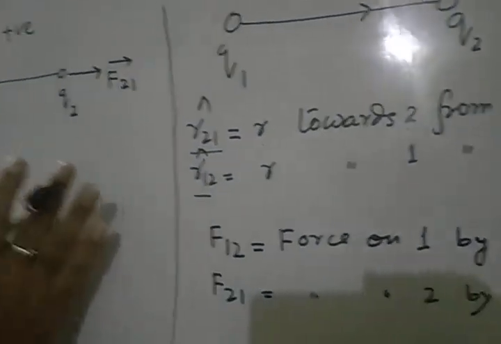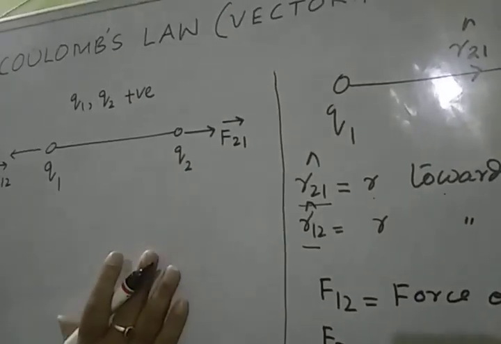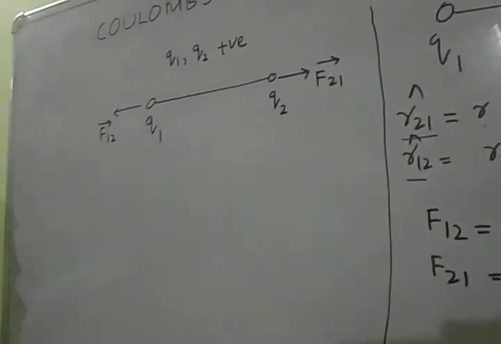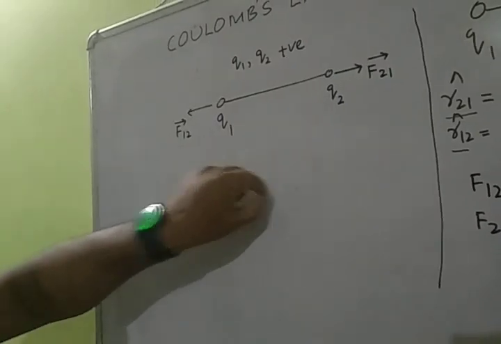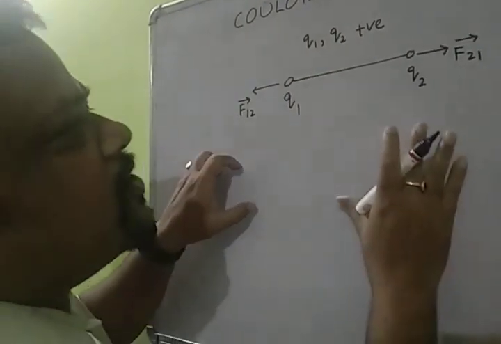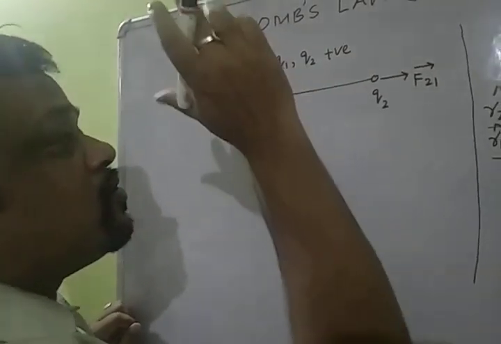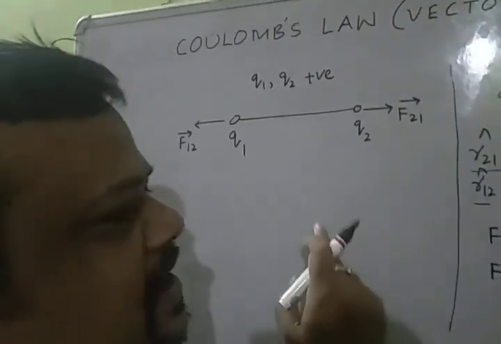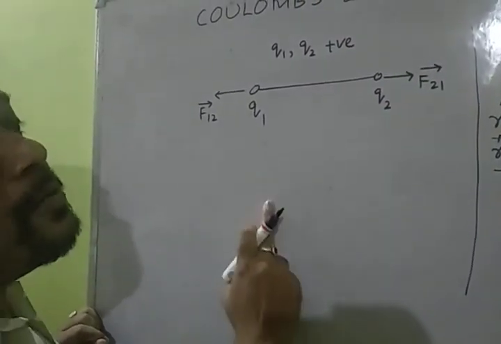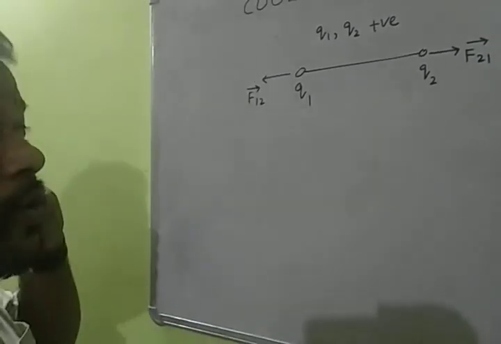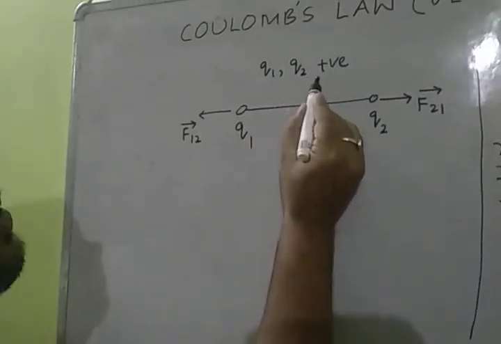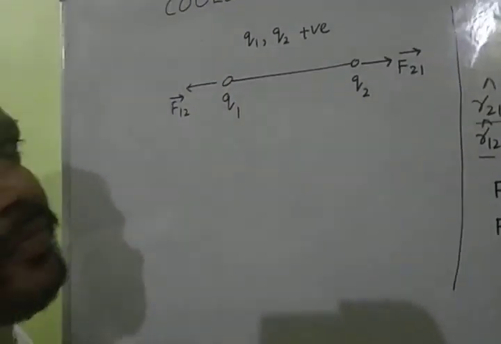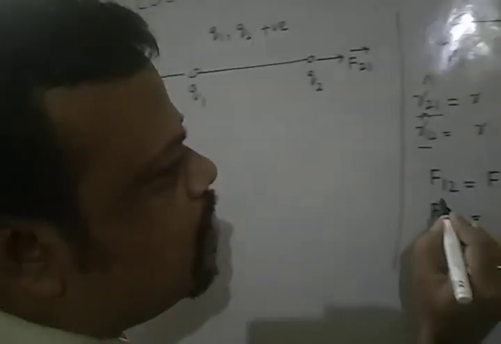You see, electrostatic force is a force, and force is a vector quantity. So we must have an idea of what is the direction of force. So Coulomb's law in vectorial form is to express the Coulomb's law in terms of a vector, right? Okay. Suppose Q1 and Q2 are both positive. What is F12?